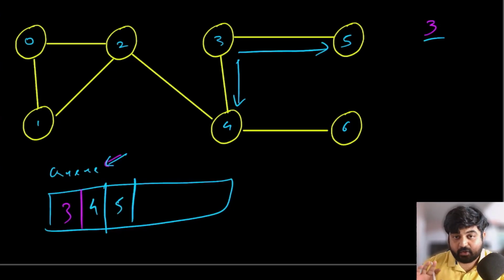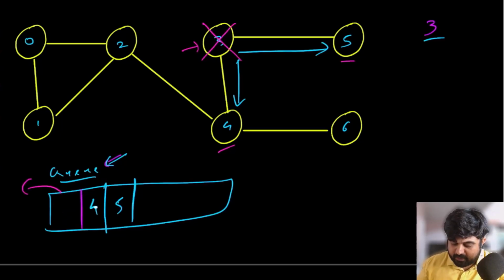Since they were not visited, I added them to the queue. So first we check whether they exist in the hash set. If they don't exist, then we add them to the queue. Now we have visited all the neighbors of value number 3. There are no other neighbors. So we can mark 3 as visited. The moment we mark 3 as visited, we are also going to pop it out of the queue.